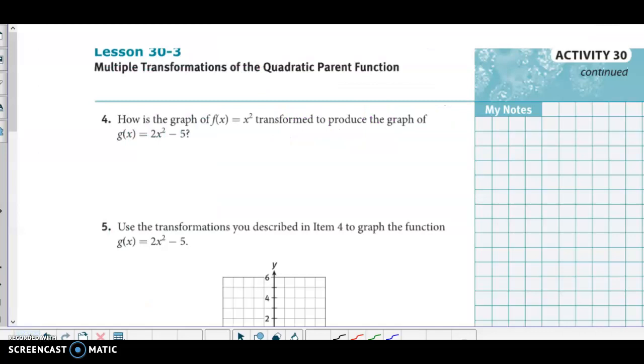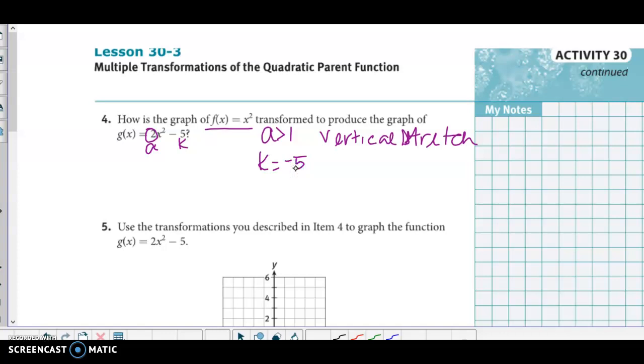So here we have y equals x squared, and now we have an a of 2, and we have a k of negative 5. So we know that when a is greater than 1, this is going to be a vertical stretch, and we have a k of negative 5.